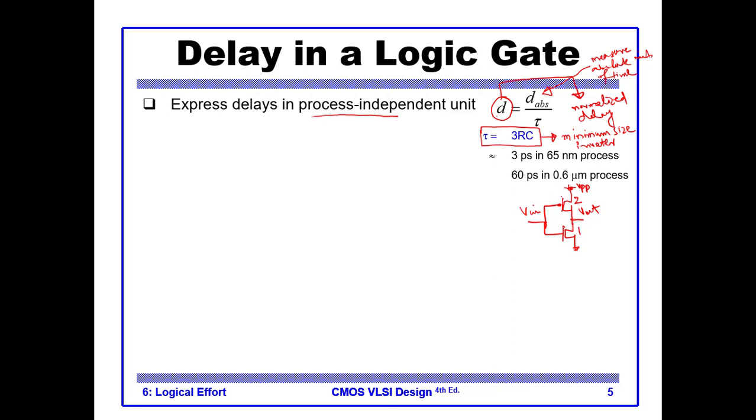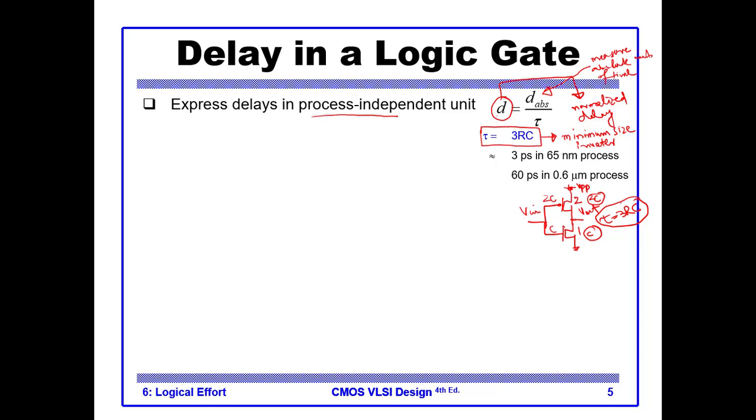So if you consider the capacitances at the input, 2C is coming from the gate of PMOS, C is coming from the gate of NMOS, so the input capacitance is 3C. Same goes for the output capacitance at the nodes. So this is 1C, this is 2C, so it is 3C. So the tau of a minimum size inverter is 3C at the output. So that's why it's 3C.